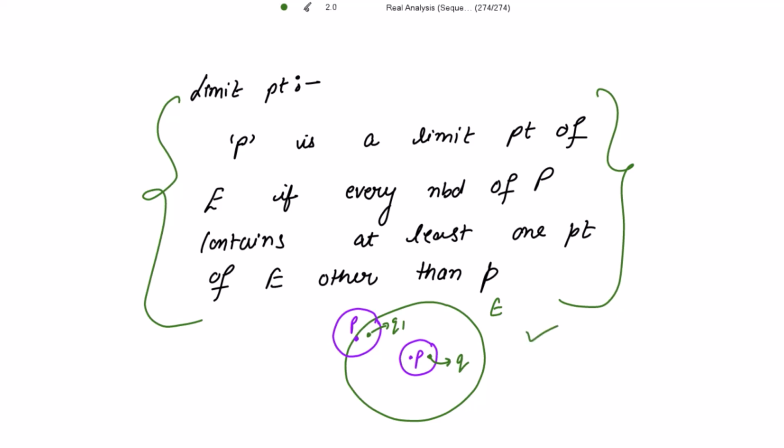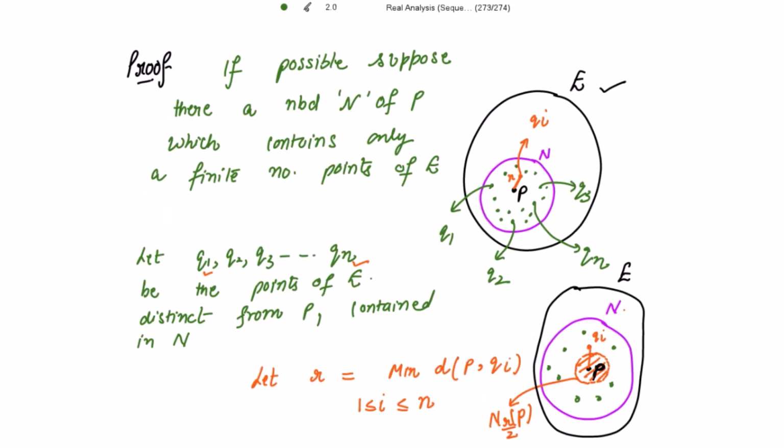So according to this definition, our supposition was wrong. It is given to us that P is a limit point of E. And here we are saying, if I construct the neighborhood of P with radius R by 2, then this neighborhood will not contain any point of E, which means this neighborhood of P has only one point, that is P itself. But according to the definition of limit point, it must contain at least one point of E other than P. Another point besides P should have been in this neighborhood if P is a limit point.